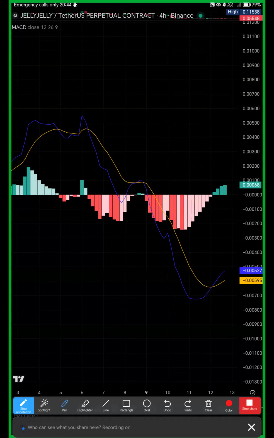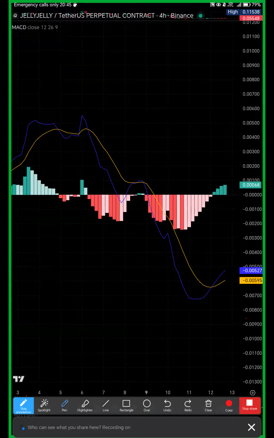These two lines normally do cross. When they are crossing, with the MACD as an indicator, they are creating entry opportunities or exit opportunities, depending on which market you are trading in. Remember, we do have futures market and we do have spot market.